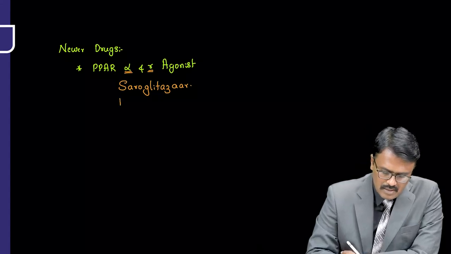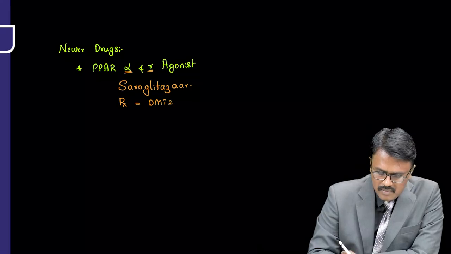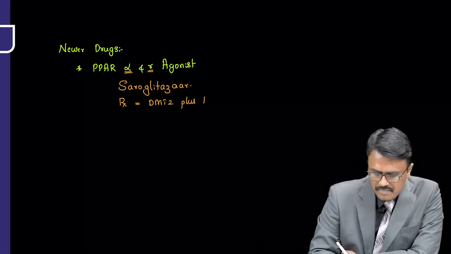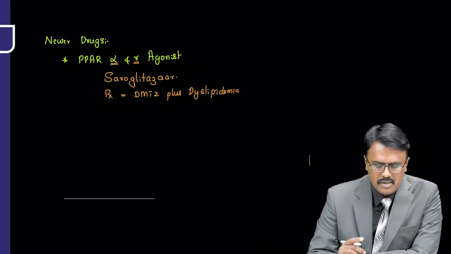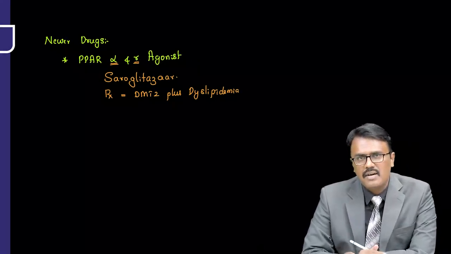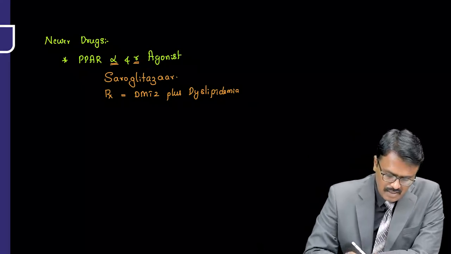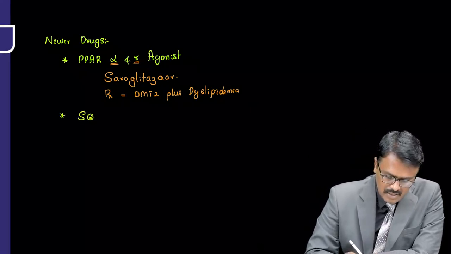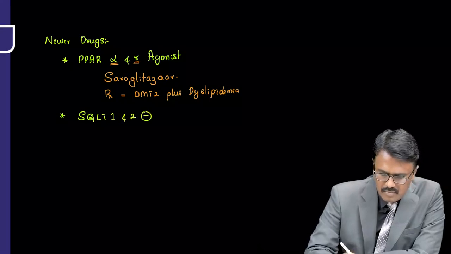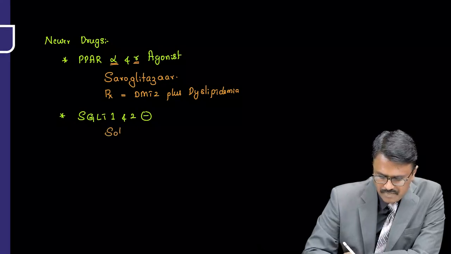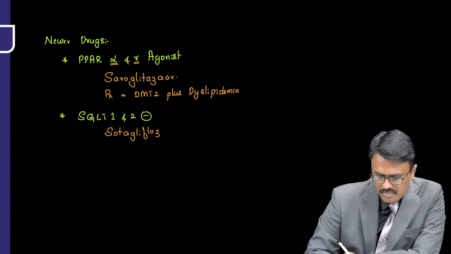So the drug is approved in India for managing both diabetes and dyslipidemia together because of alpha and gamma agonism. Another drug is the SGLT1 as well as SGLT2 inhibitor, and the name is sotagliflozin.